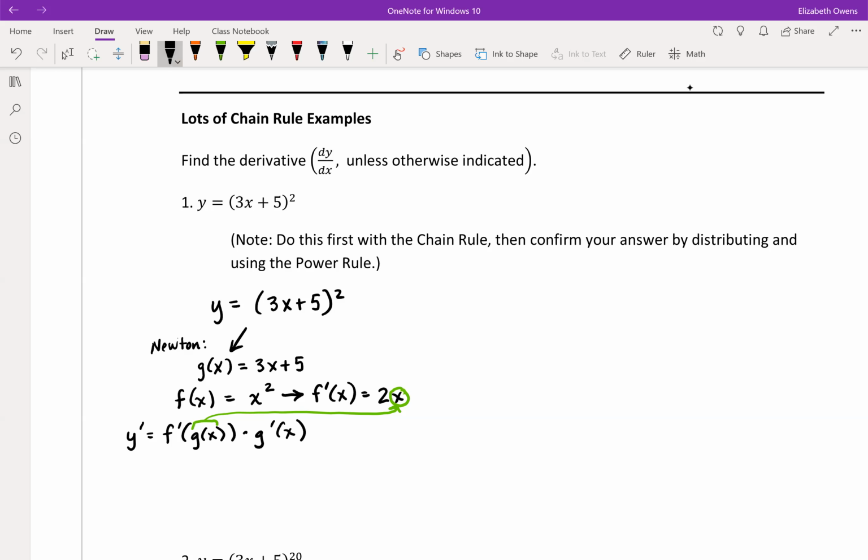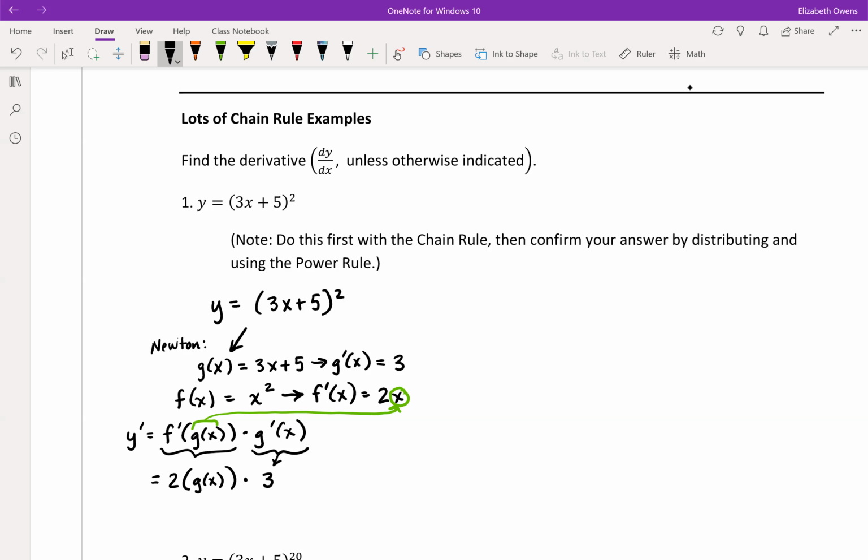We could even write that here like for this part, f prime of g of x, that would look like 2 times g of x. And then times g prime of x. Little power rule on that, that's just going to be 3. So there's g prime of x.